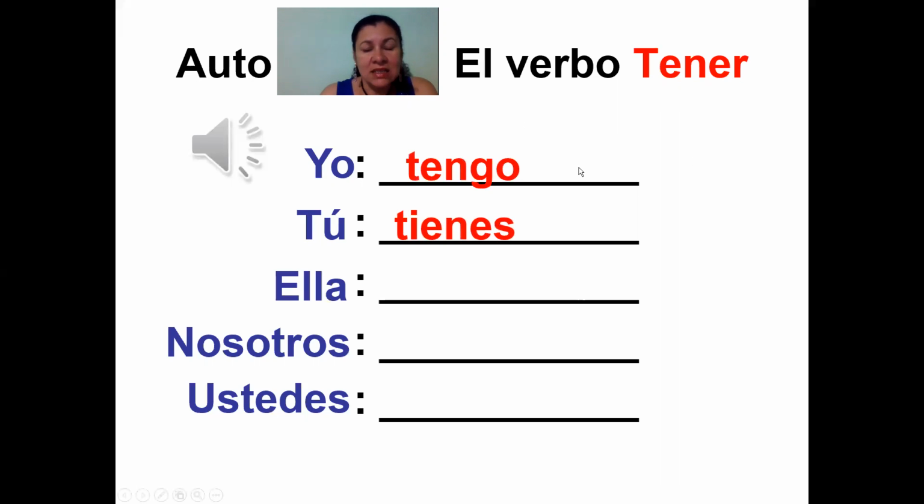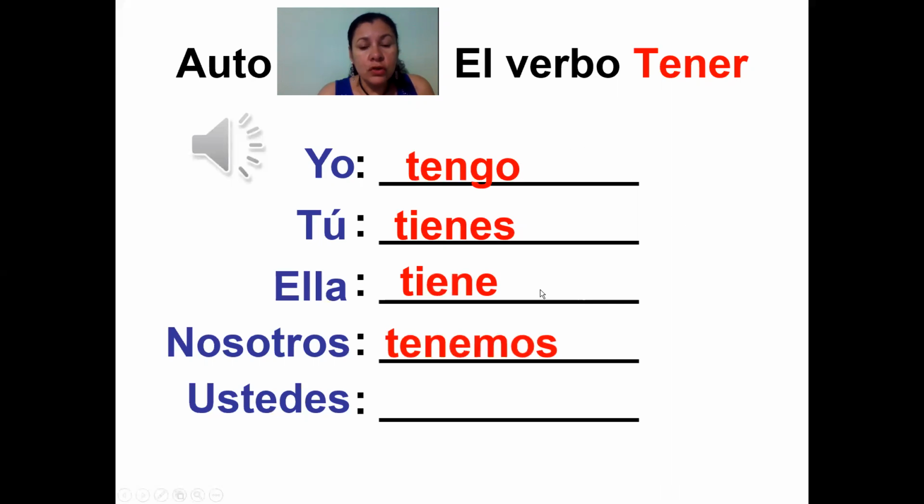Second one, tienes. Notice that it's not only dropping ER and adding ES, because this E is transformed into IE. So there is a stem changing verb showing in tú tienes, and not only there, we'll see it again. Here we have tiene with the same stem change. The infinitive has E, but the conjugation has IE in the stem, and the ending is the one of our regular ER verbs.